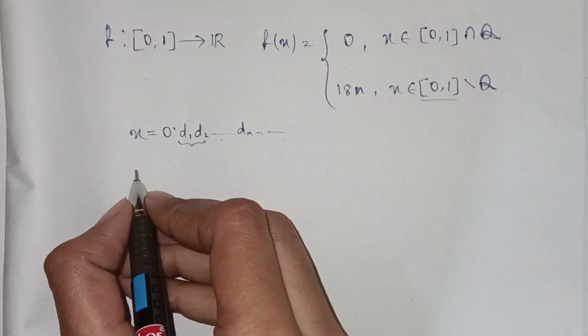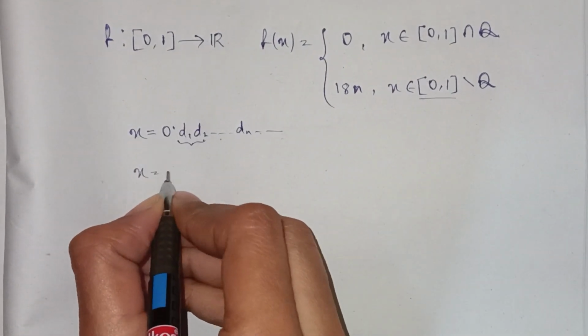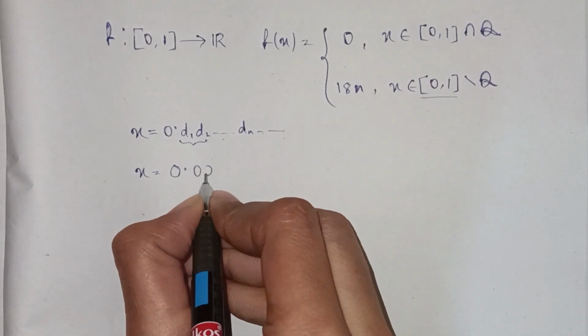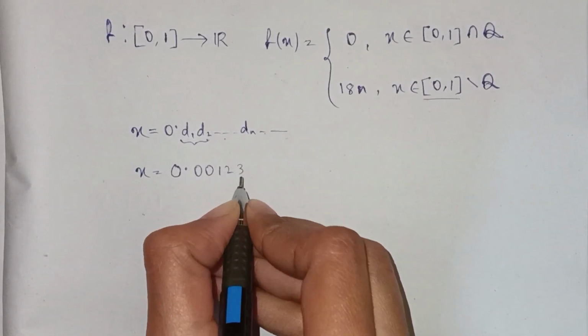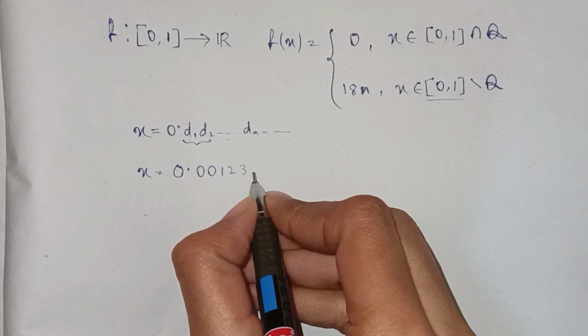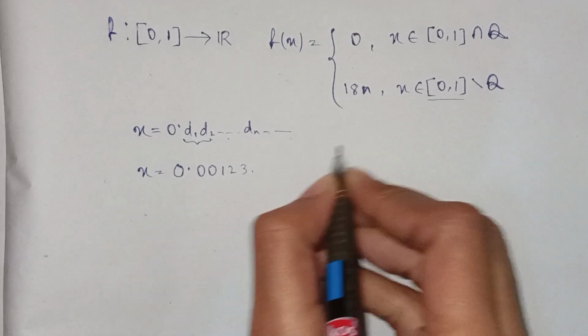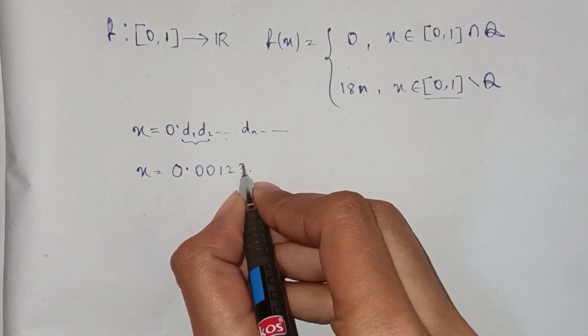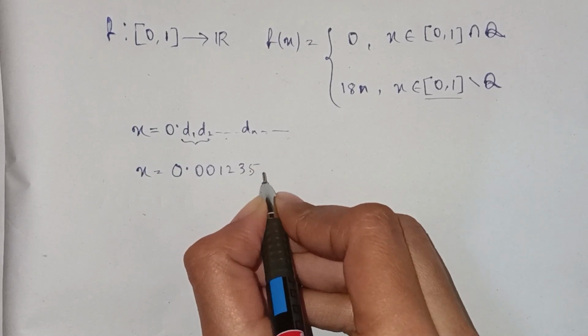Let me explain. If x is equal to 0.00123, but this is for irrational, so we will write 0.001235 etc.